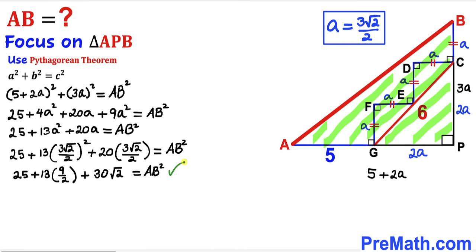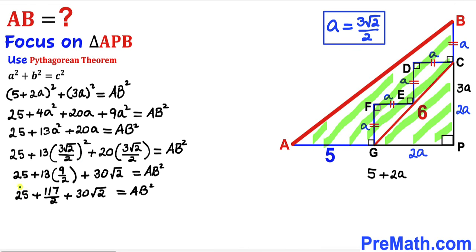As you can see in this next step, I have replaced this square part with 9 divided by 2, and the other part with 30 times square root of 2. So this is going to give us 25 plus, when we multiply, 117 divided by 2, plus 30 times square root of 2, equals AB squared.